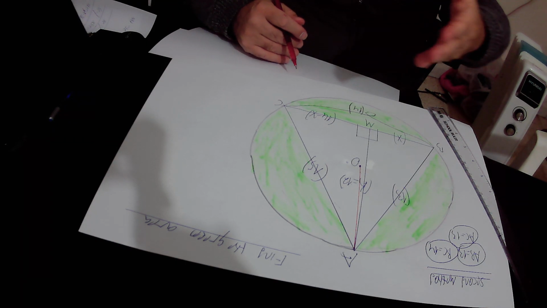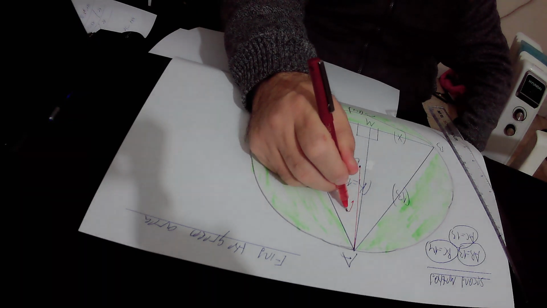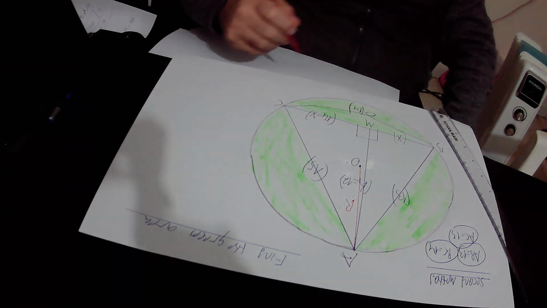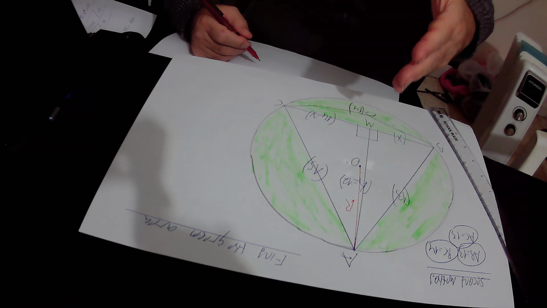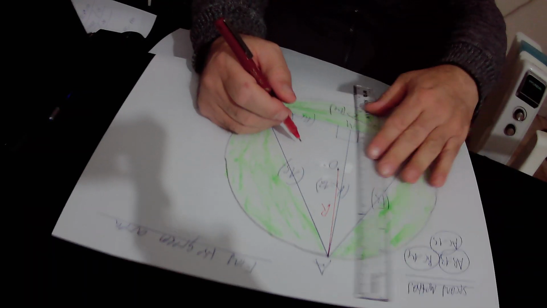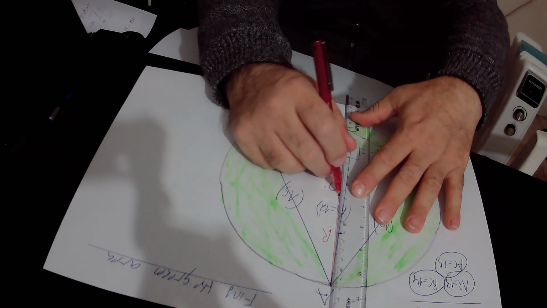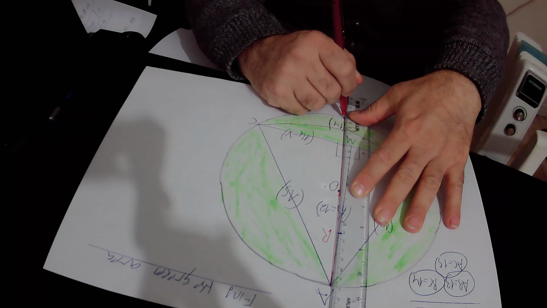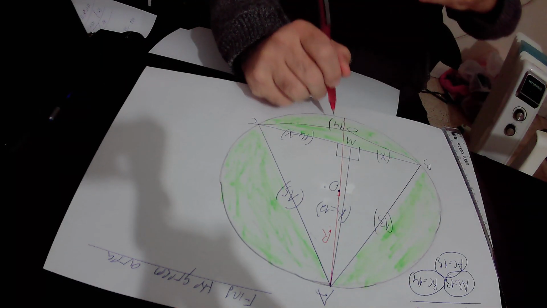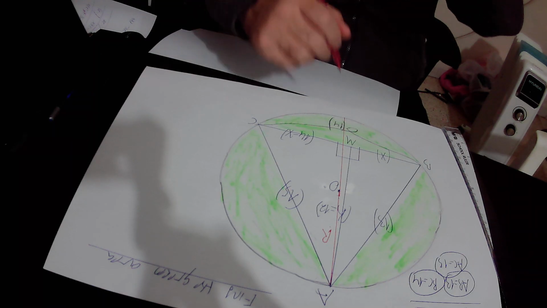We define the radius of this circle as R, so OA equals R. In the next step, we will extend the radius AO by a straight line until it touches the circle. And we will define the touching point of the extended radius AO on this circle as point P.